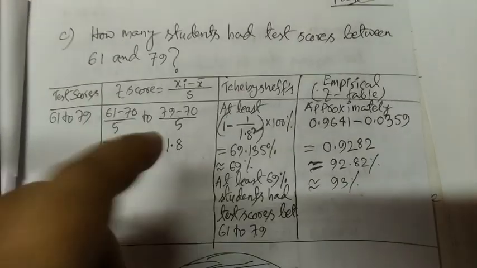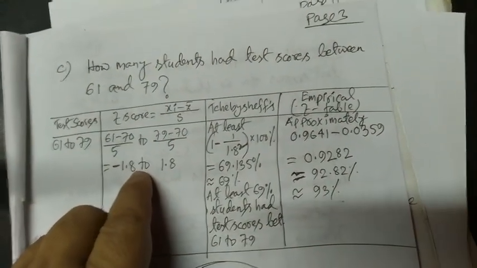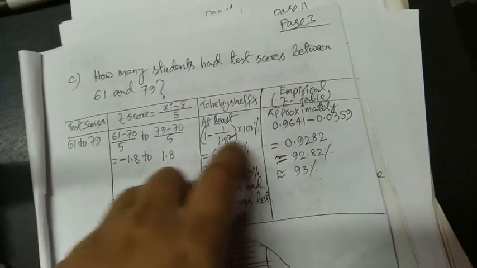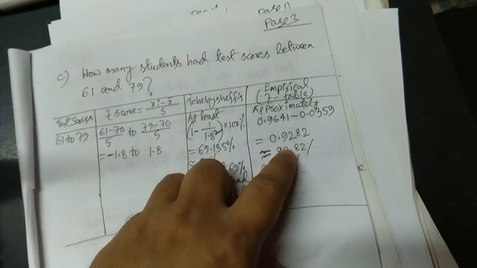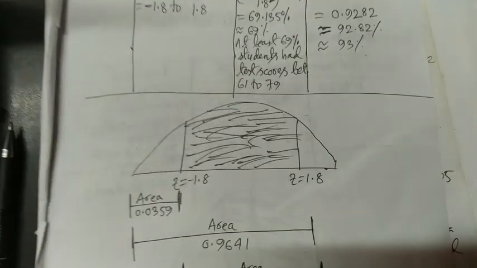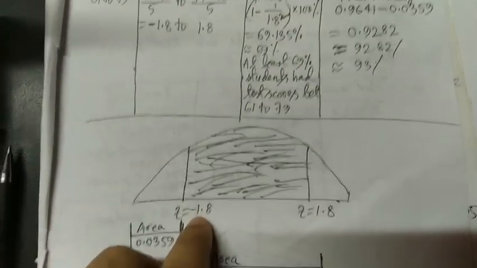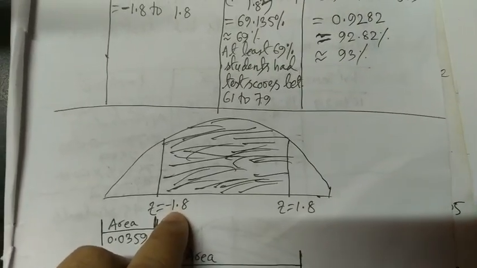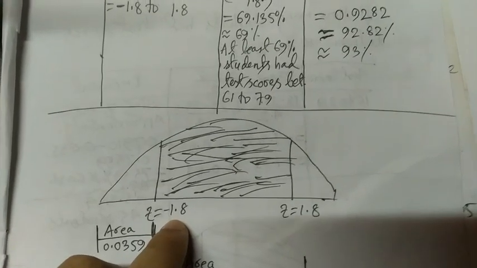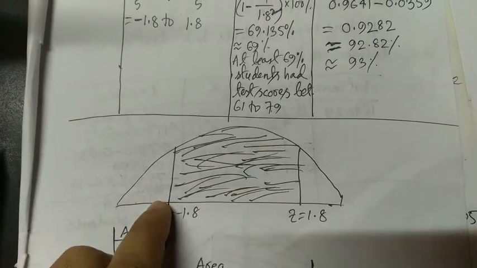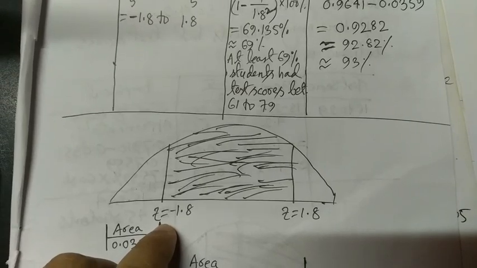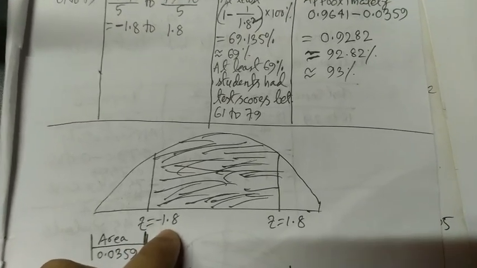Because the z values are not round numbers like 2 or 3, to get the empirical value you need to use the z table. So let's go to the z table. First of all, we will get the negative value of z. That means we will need to find out the area where z is less than or equal to minus 1.8.